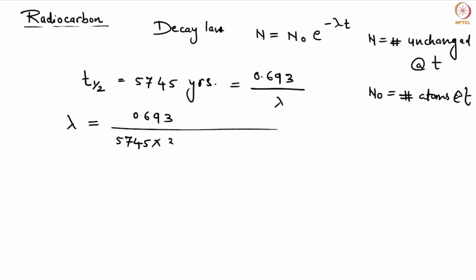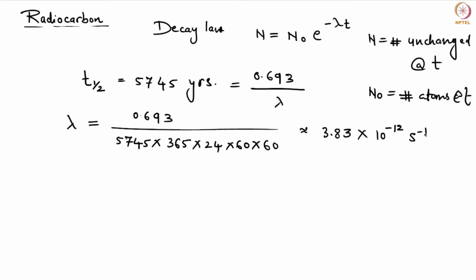Now again I will do 365 days into 24 hours into 60 minutes into 60 seconds. So the value comes out to be something like 3.83. You can check my calculations again, I have done it very quickly. Minus 12 per second.